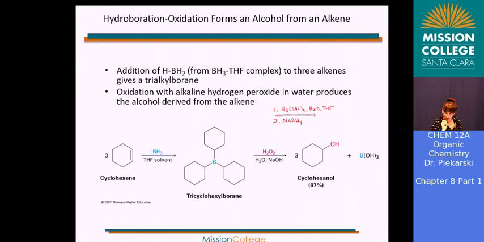I always found that recopying my notes and recopying the reactions and talking myself through it helped me out greatly, and I hope it does for you too. Okay? So for this one, the first step is BH3 in THF. The second step is hydrogen peroxide in water, and it's an alkaline solution, so a little bit of base. Okay? Those are the reagents.